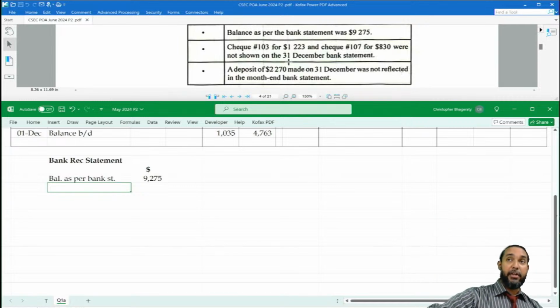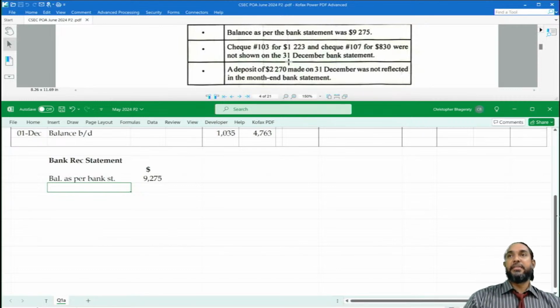When we give people a check, in order for them to get the money, what do they have to do? Carry it to the bank. If they didn't carry or present it to the bank, it's called an unpresented check, which means that in our cash book, we would have recorded money coming out because we're paying somebody. But the money doesn't actually come out until we give them the check and they present it to the bank, and the bank then processes it, which could take a whole week, right?